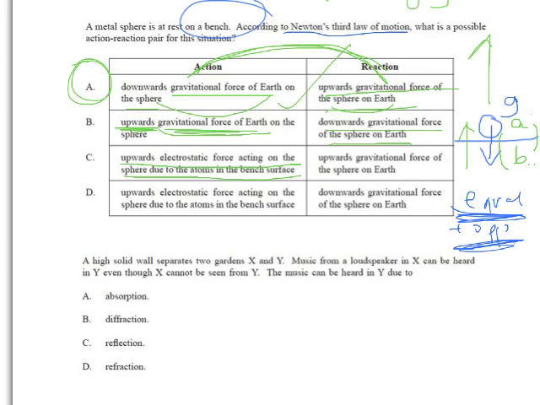Could be, but what's the reply? The upwards gravitational force. That cannot be right because it's a different type of force. Similarly, in D, it can't be D because we've got an upwards electrostatic force against a downwards gravitational force. So no, the answer is A.